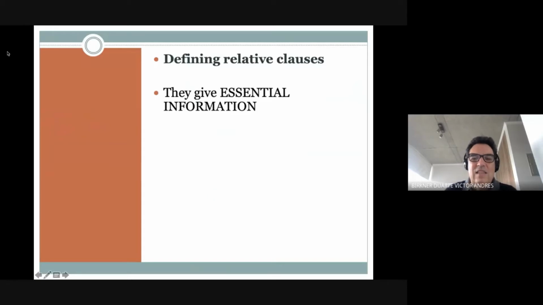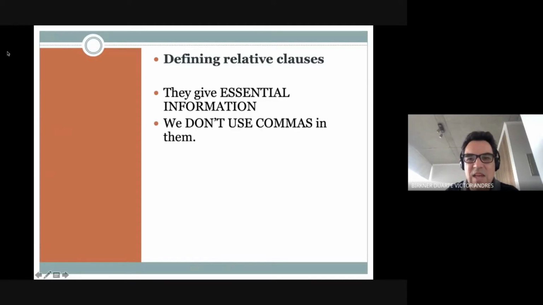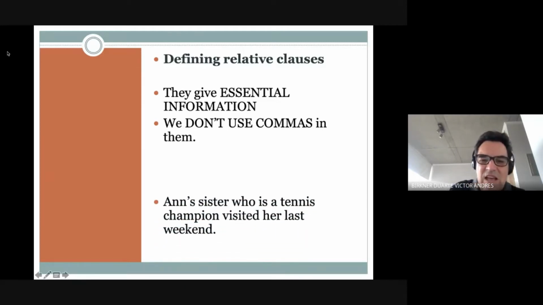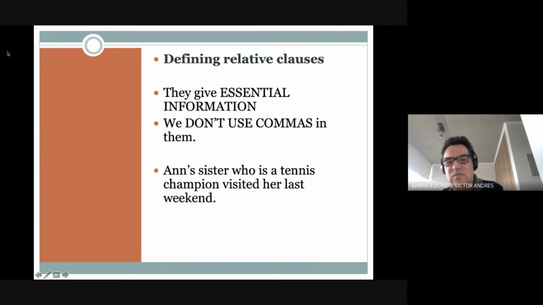Okay, the defining clauses provide what we call essential information, right? It cannot be omitted, and we don't use commas in them. For example, Anne's sister who is a tennis champion visited her last weekend. In this case, who is a tennis champion is essential information.